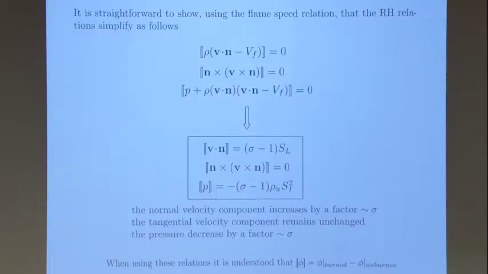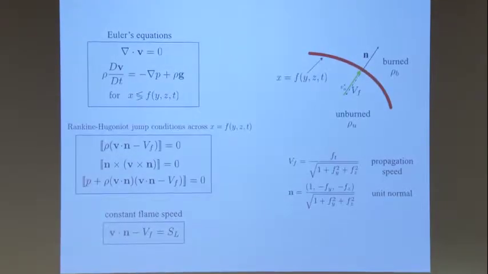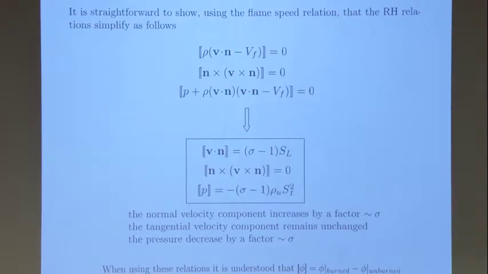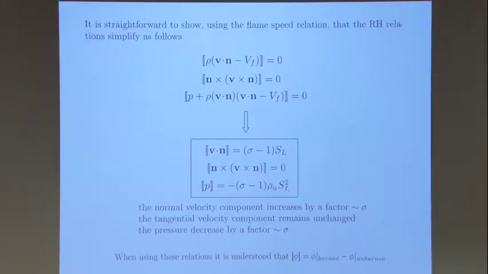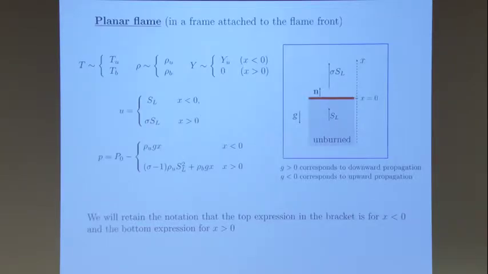So the first thing to do is to remind you that equivalent to this Rankine-Hugoniot relation, yesterday we saw that we can simply obtain the equivalent form: the jump in the velocity is this, the tangential velocity doesn't jump, and the pressure drop is this, okay? We have seen that yesterday, that those two are equivalent. So I'm going to use this because it's just simpler to do.